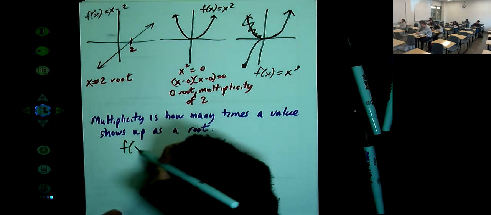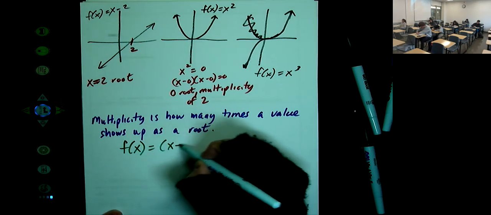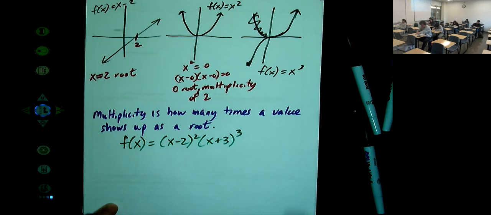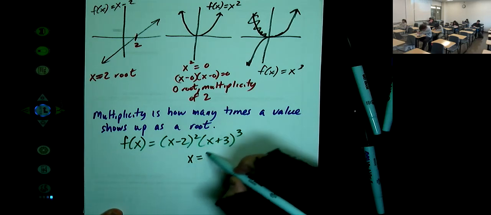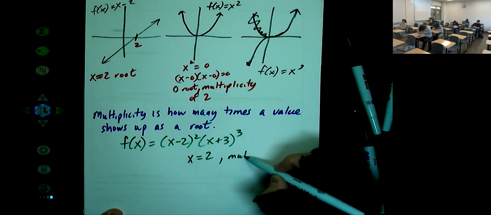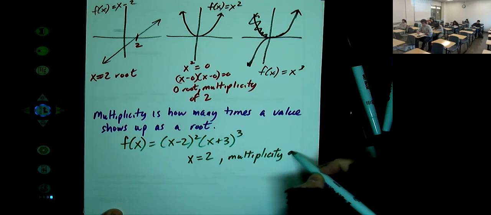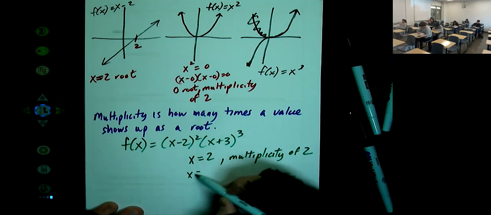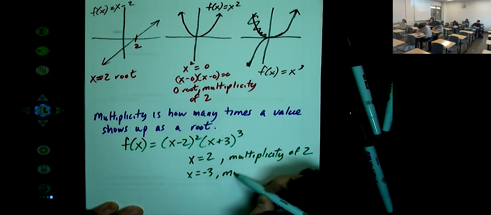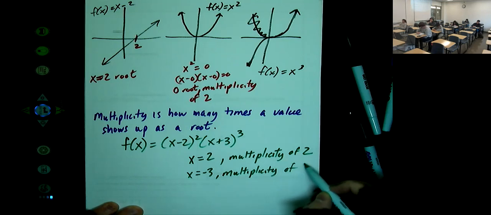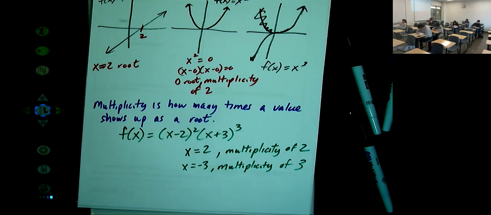For example, x minus 2 squared, x plus 3 cubed. x equals 2 has multiplicity of 2. x equals -3 has multiplicity of 3. So it's really how many times that parenthesis shows up as a factor.